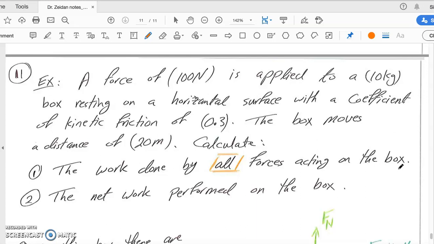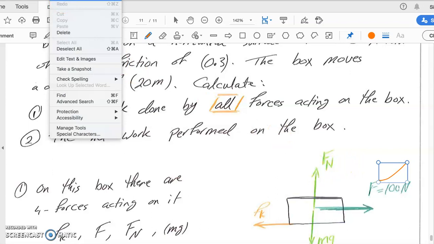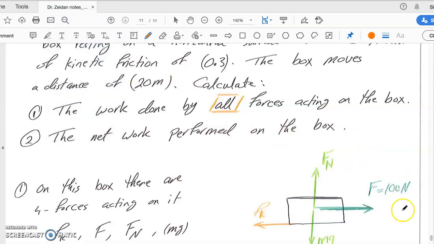So you have basically to calculate the work done by all the forces. When it says by all forces, it means literally you have to indicate all the forces, which are the force of friction, the normal force, the pulling force, and the gravitational force.